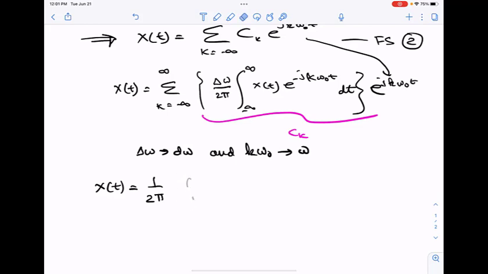I made a little error here. I need the integral from minus infinity to plus infinity, and then I'm going to put this expression in here.